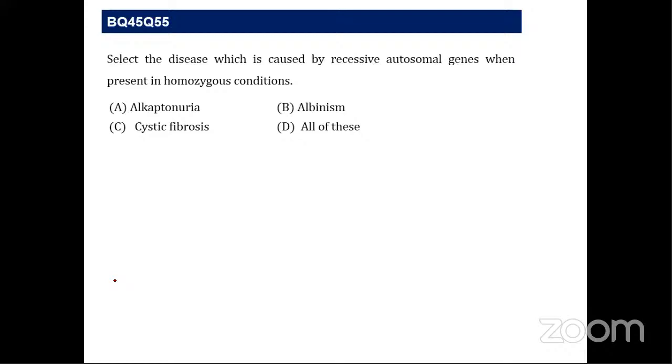Good, Krishna, correct answer. Good, Ira, Sapna, correct answer.